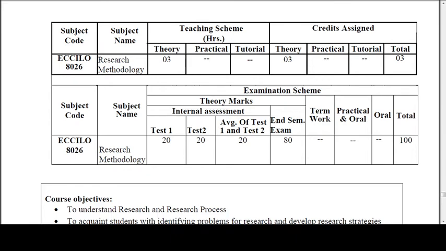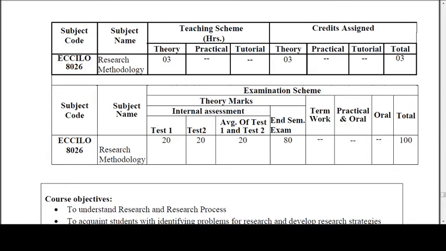So, today is the first lecture of the subject Research Methodology. It is an institute level optional course.